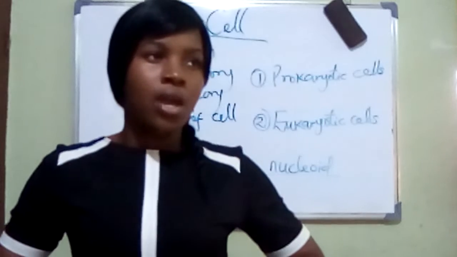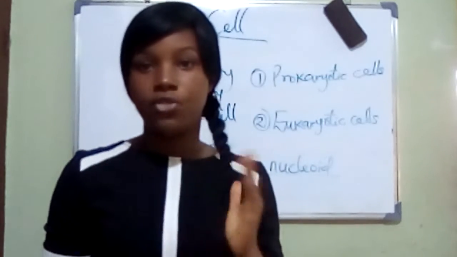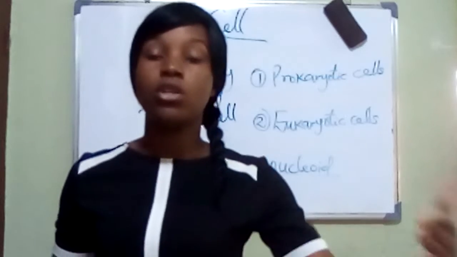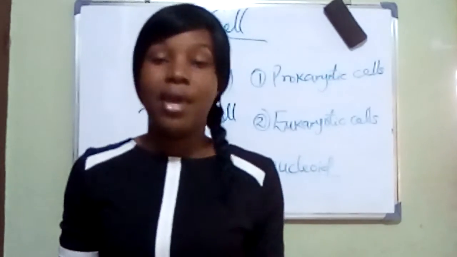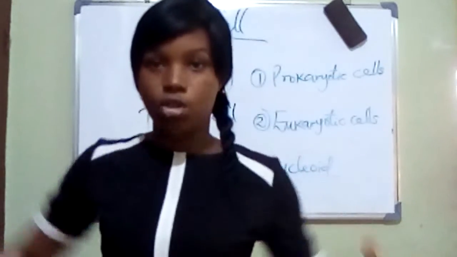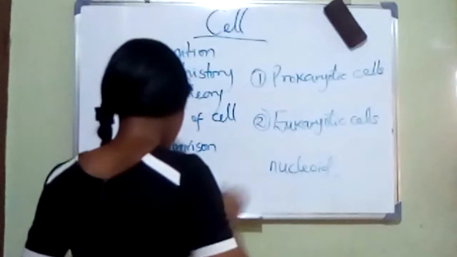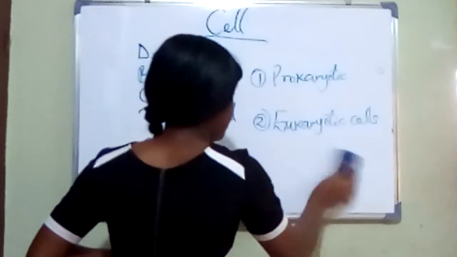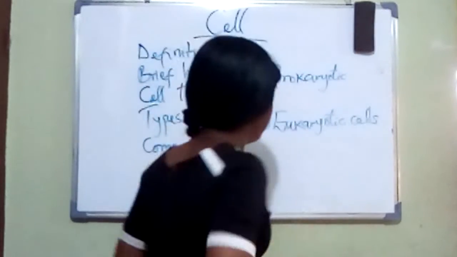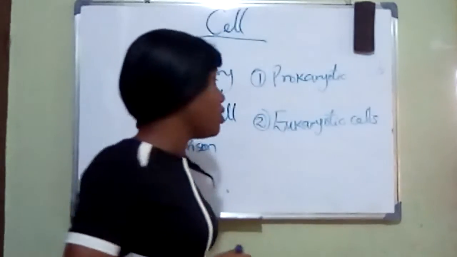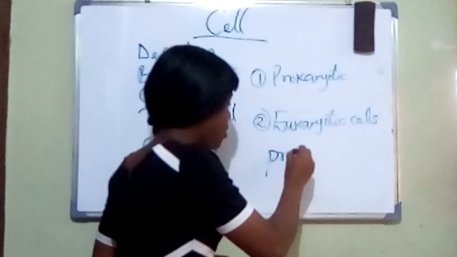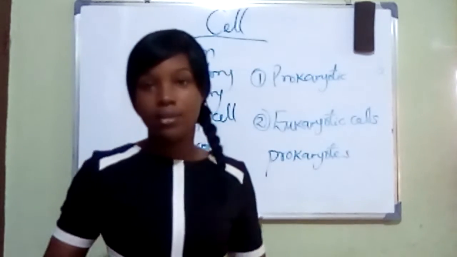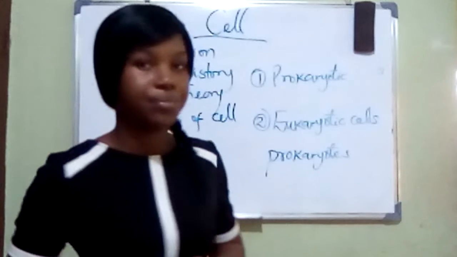That is, the genetic material of such cells is contained in a region that is not separated by a membrane from the rest of the cell. Then, organisms with this kind of cells are called prokaryotes. And examples are bacteria like E. coli.